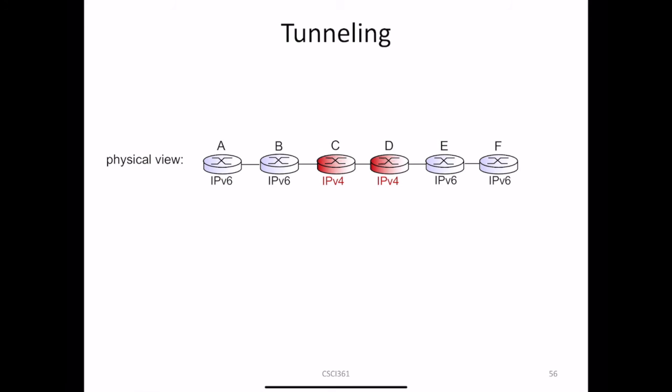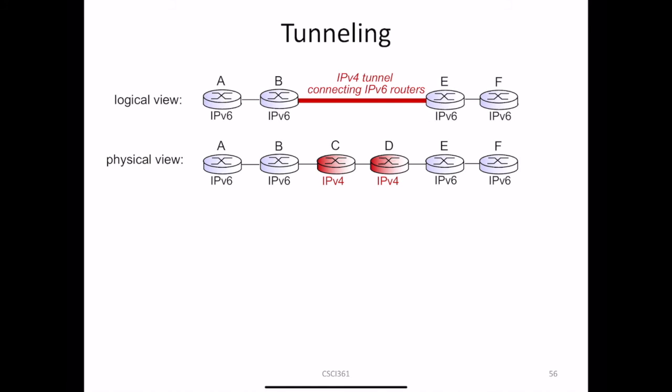Then let's see this tunneling. The physical view is just like this. A, B, E, F are IPv6 routers, and C, D are IPv4 routers. And the logical view is just like this. Between B and E, they will treat the IPv4 routers just like an IPv4 tunnel connecting the IPv6 routers.